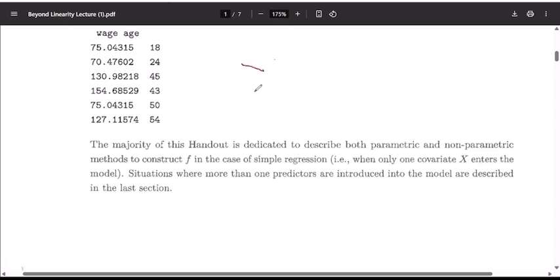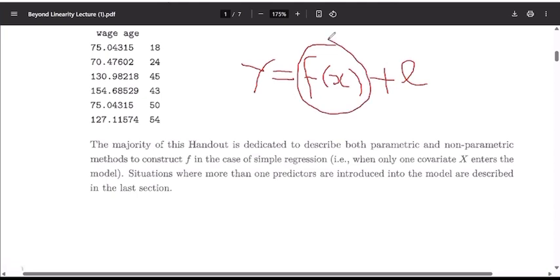If I want to state the model, maybe I have y equals f of x plus the error. This is the specification of the model. But you know what I want to estimate? I actually want to estimate this particular function.